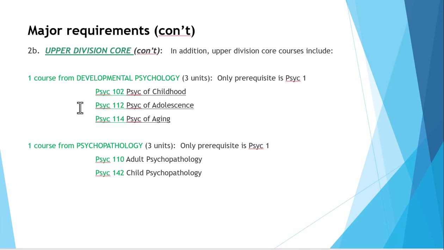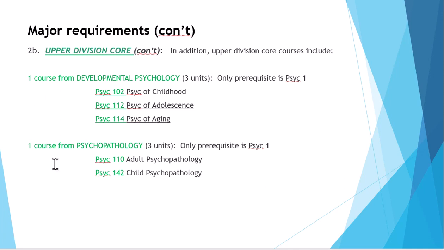All right, so each of the classes focuses on a different level of development in humans, right? So one focuses on childhood, one focuses on adolescence, one focuses on aging. Pick any one of these 3 classes to fulfill this particular developmental requirement.